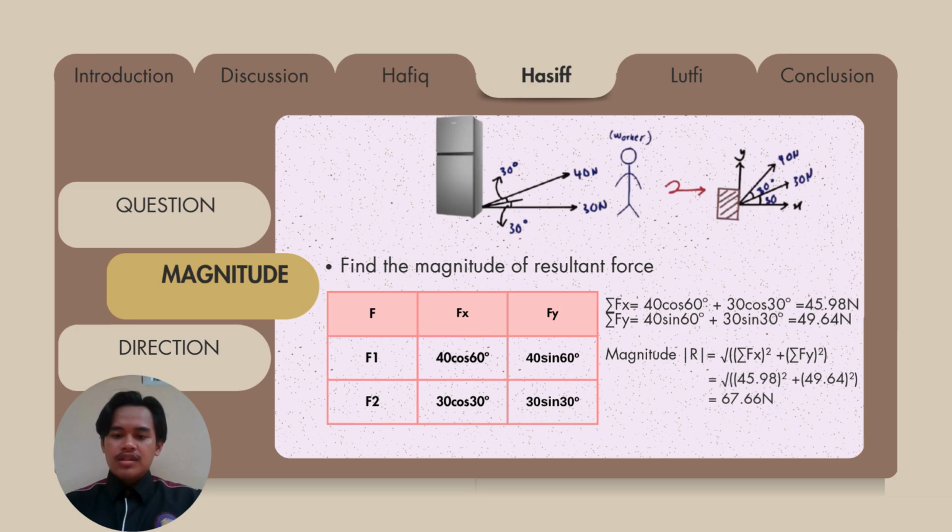F equals the square root of summation Fx squared plus summation Fy squared. So the answer for the magnitude of the resultant force is 97.99 Newton. Sorry, 97.66 Newton.